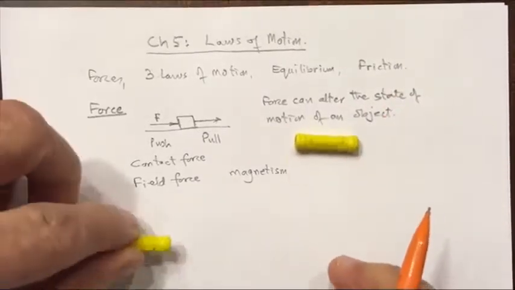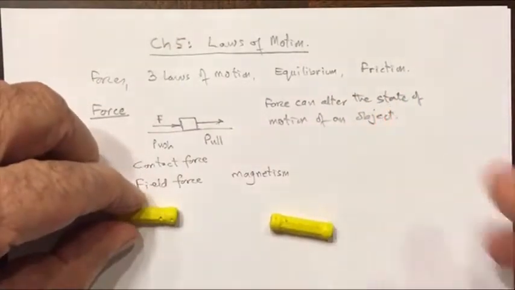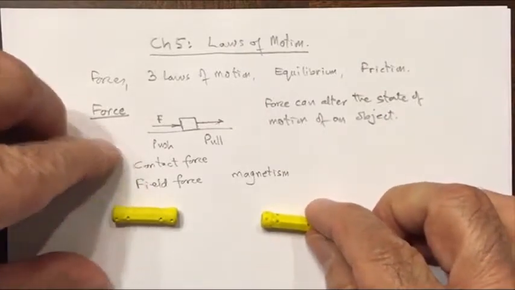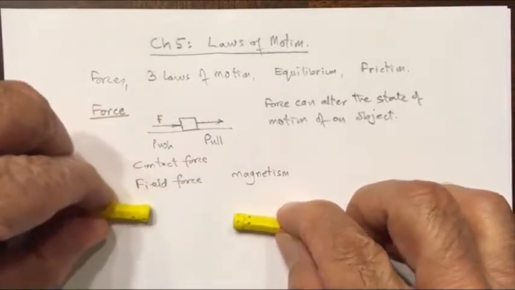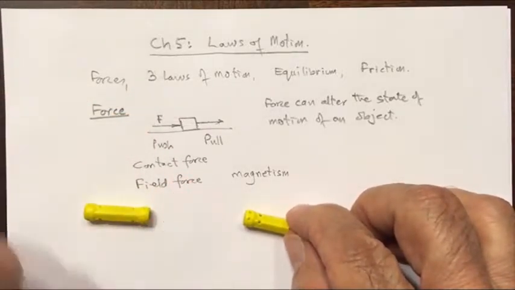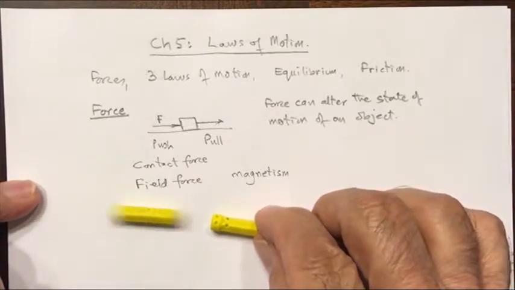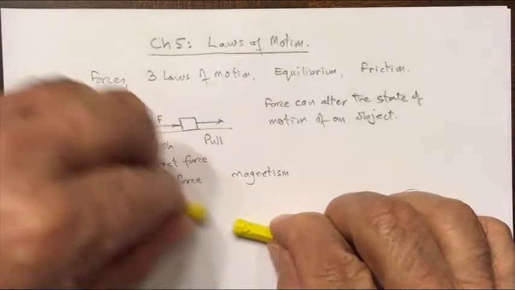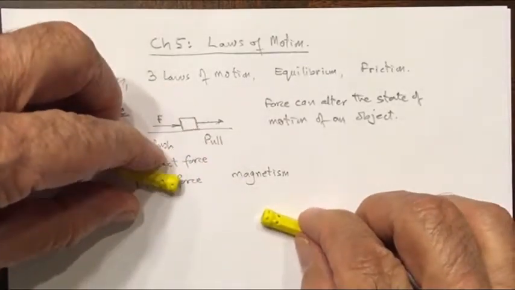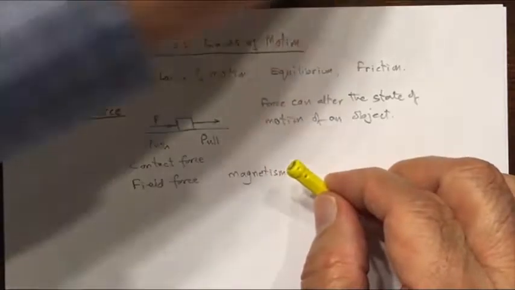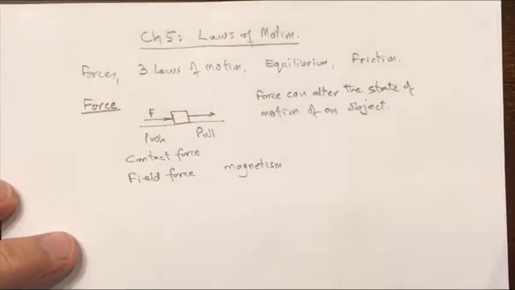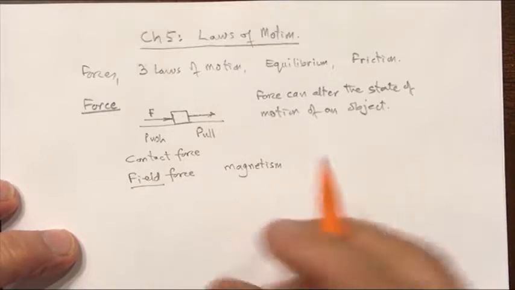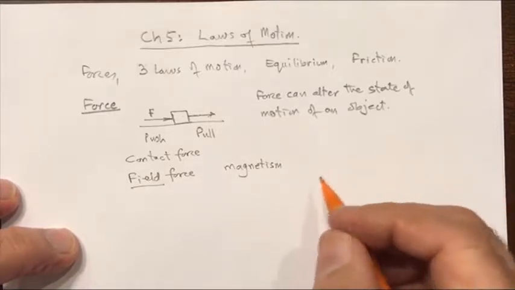Here I have two magnets, and when one comes close to the other, it just pulls it in without any apparent, or at least visible, thing in between. It has the effect of pulling it, or it could even push it away. So magnetism is a field force because it acts over a distance. It creates a magnetic field that affects other magnets.